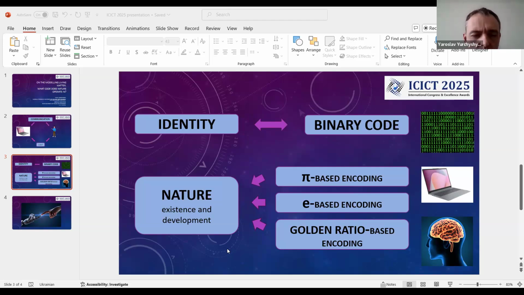So as a conclusion, we can draw the following conclusions. We consider the binary code to be the basis of living matter. We believe that the foundation of the emergence and preservation of identity lies in binary code, while encoding based on pi, e, and the golden ratio represents the manifestation of the existence and development of nature.